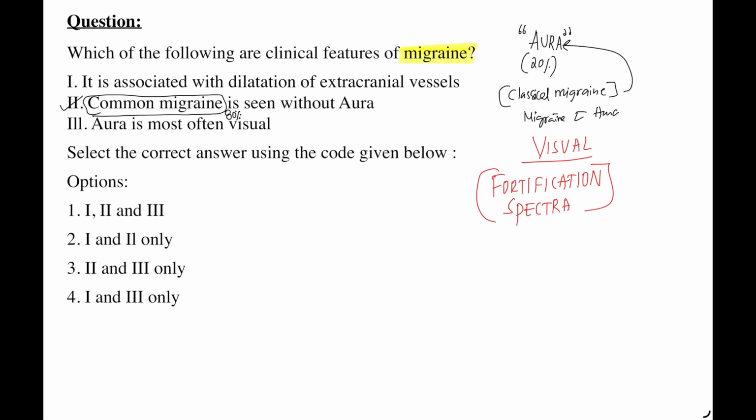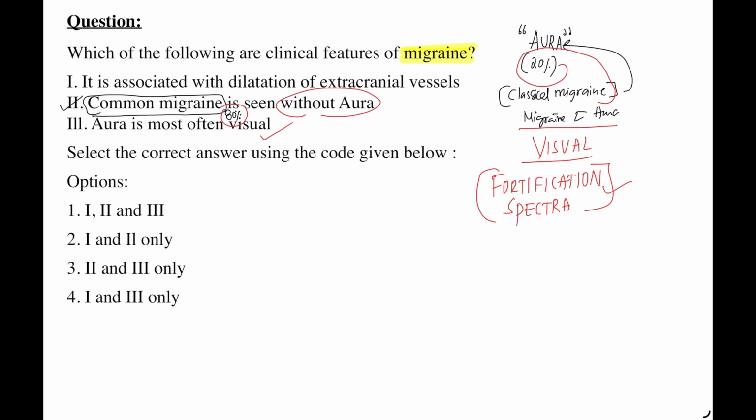So what is this fortification spectra? There is some shimmering of the light, silver zigzag lines across the visual field, or there can be scotomas. All this together is fortification spectra. So aura is most often visual. Common migraine is seen without aura. Classical migraine is seen with aura. Common migraine is seen in 80% of the cases. Classical migraine is seen in 20% of the cases.